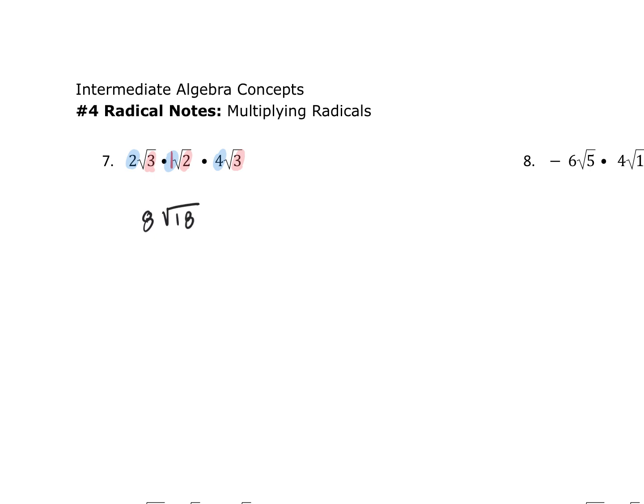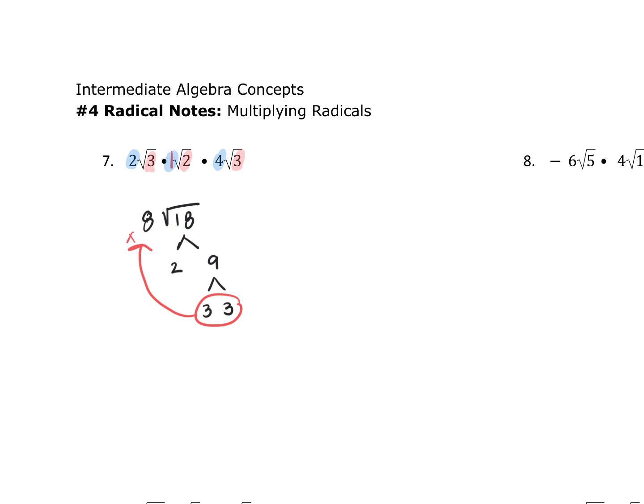Okay, when I think of 18, that's a pretty big number. So I'm guessing, and it's not one of the prime numbers that I found, so I'm guessing I can probably break it down and get some pairs. So if I take 18 and divide it by 2, I get 2 and 9. And 9, I get 3 and 3. Well, right away, I see I have a pair of 3s, which is going to come out front as 1 3, and you're going to multiply it by that 8.